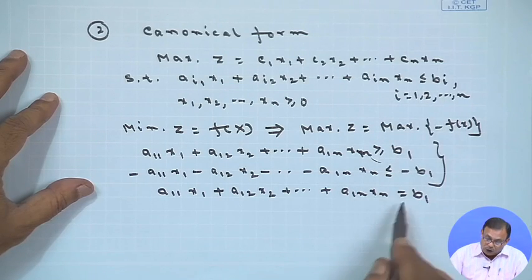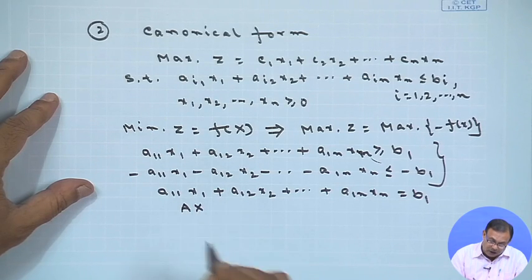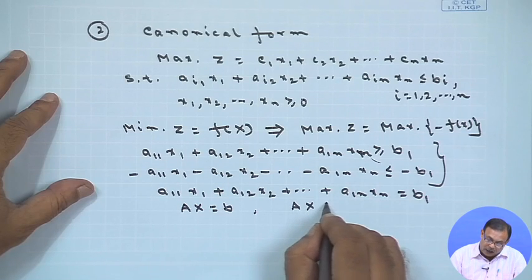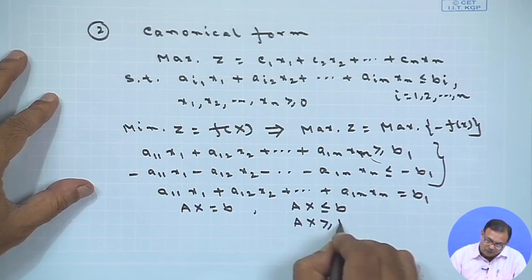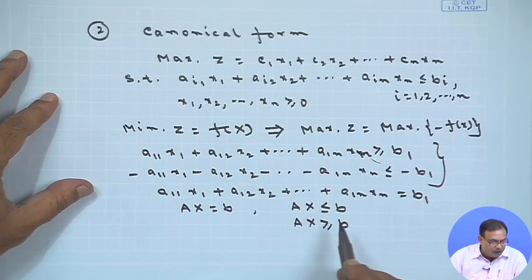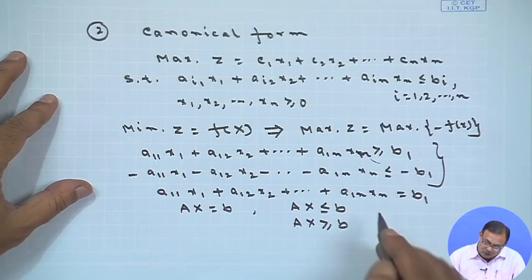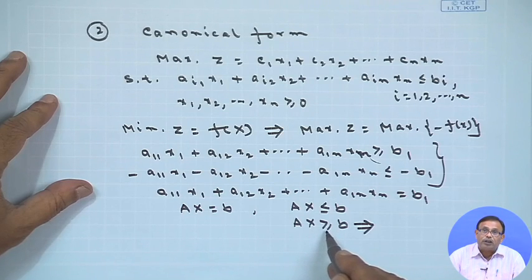So, this equality I can write in matrix notation. If I have Ax equals b, I can write Ax less than equals b and Ax greater than equals b. Equality can be written like this: Ax less than equals b and Ax greater than equals b. Again, this is not acceptable here, because the constraint always has to be less than equals only.